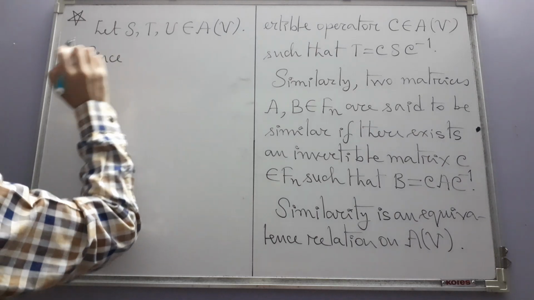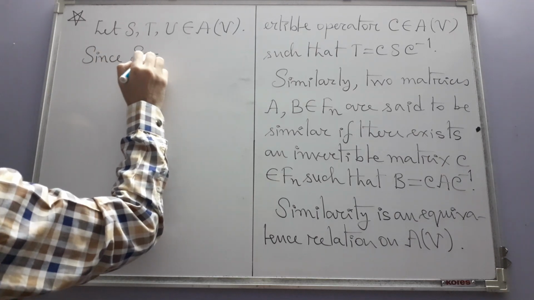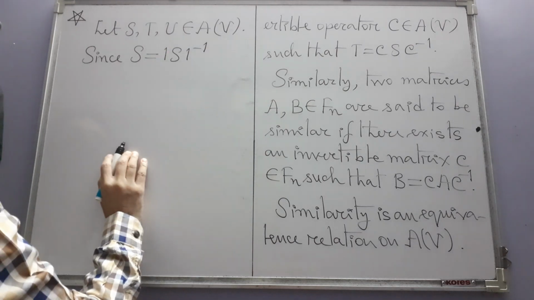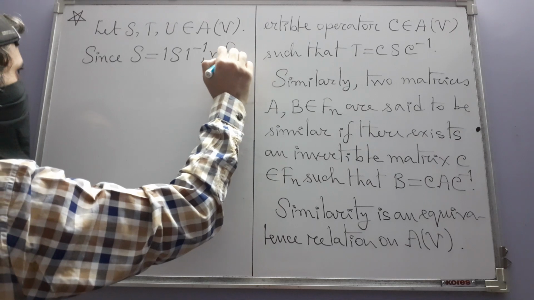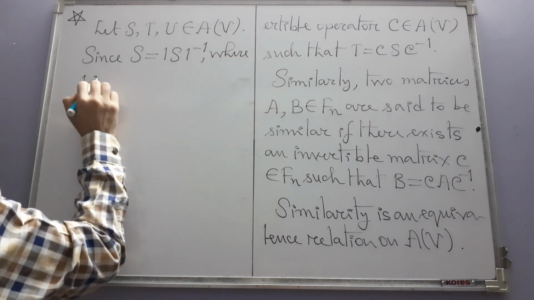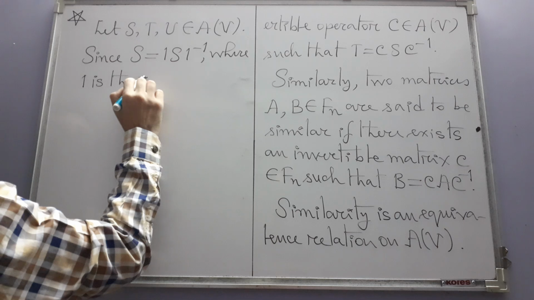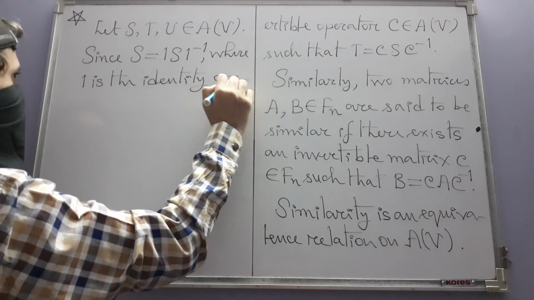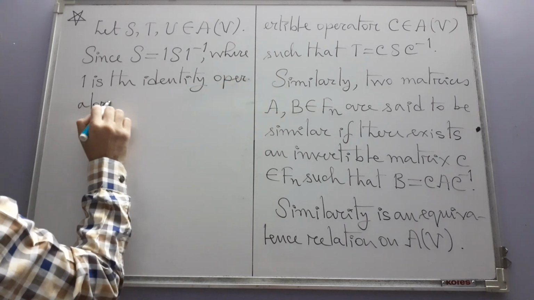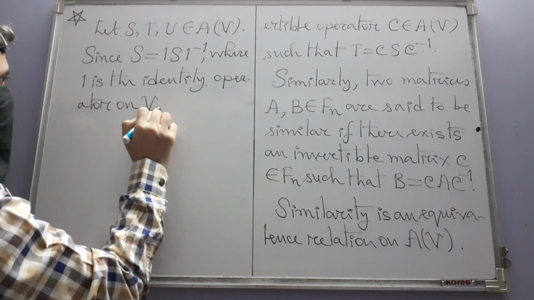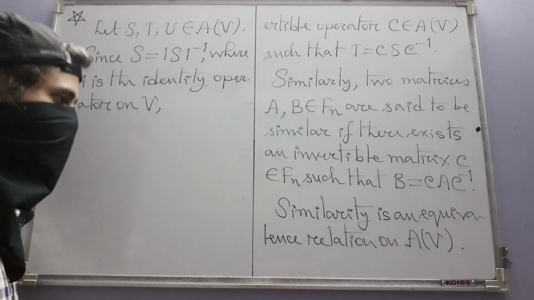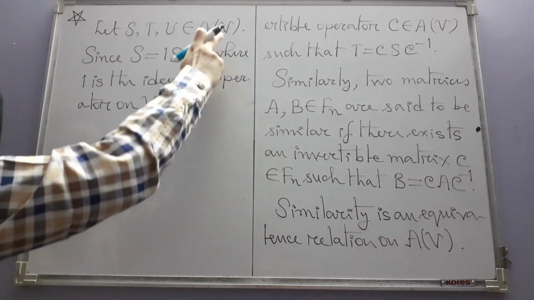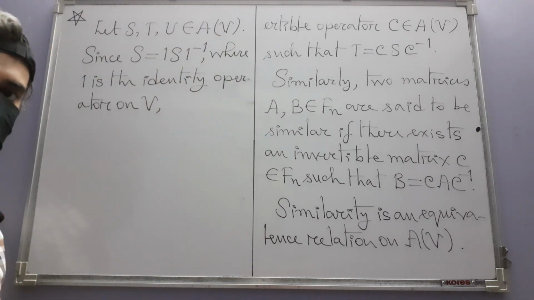Since S is equal to 1S 1 inverse, where 1 is the identity operator on V. Well, we know the identity operator on V is just the identity function on V, which turns out to be the unit element of this algebra.